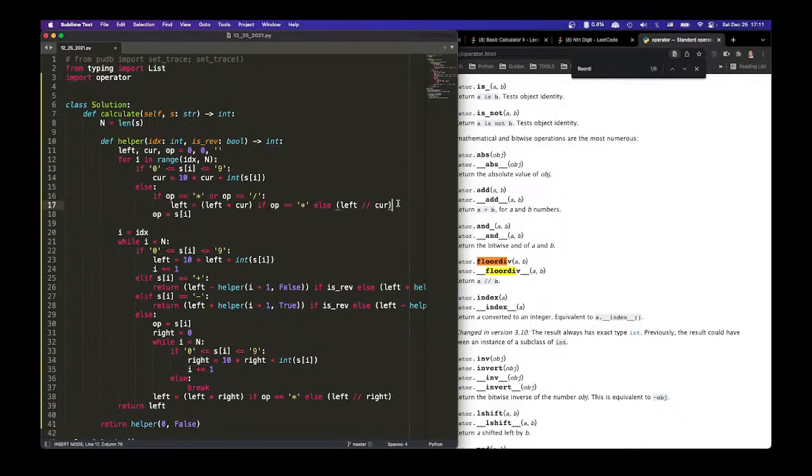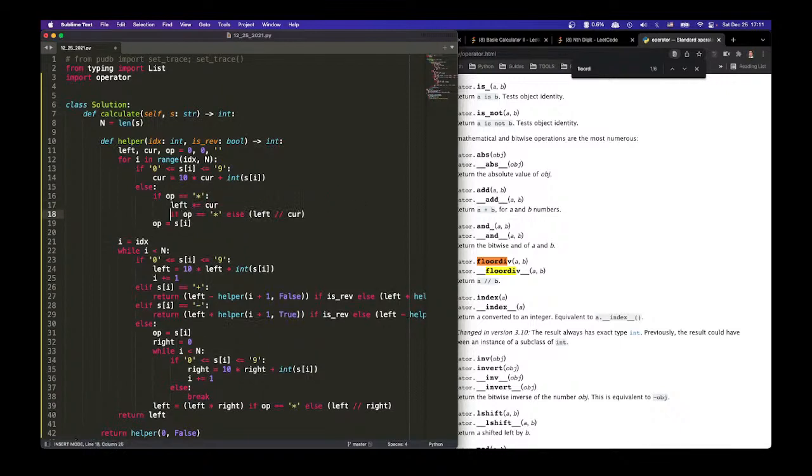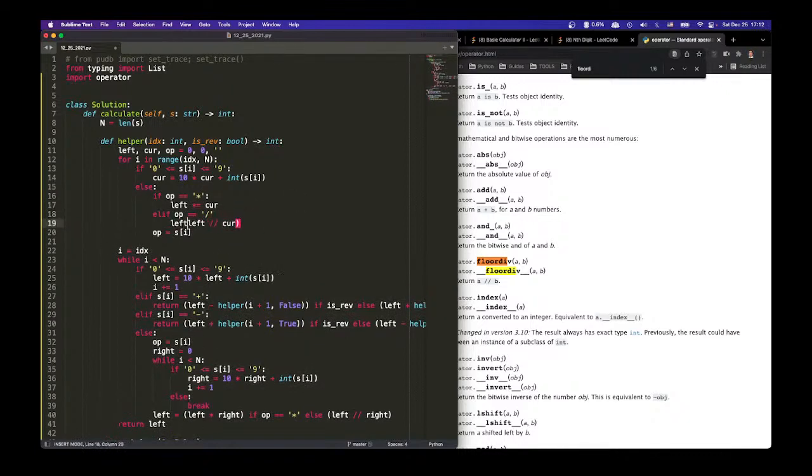So if OP is this, actually, it'll be easier. If OP is this, then left multiply equal to this, right? Now if OP is this, let me say left equals current, right?